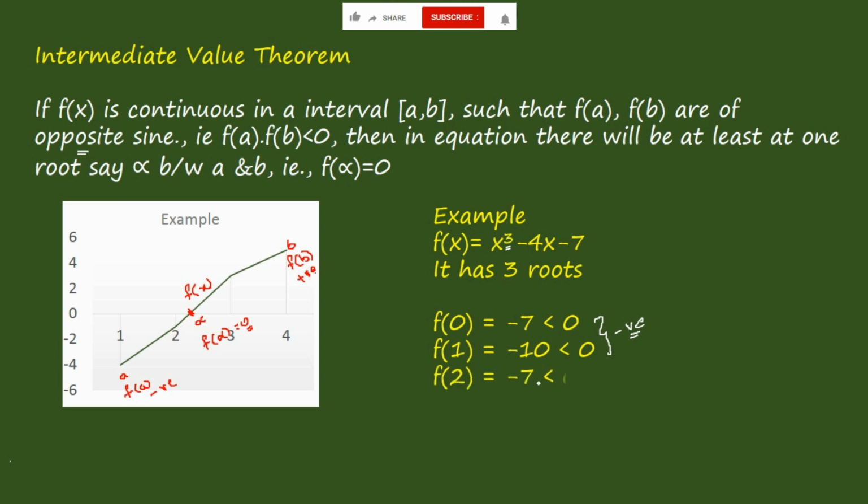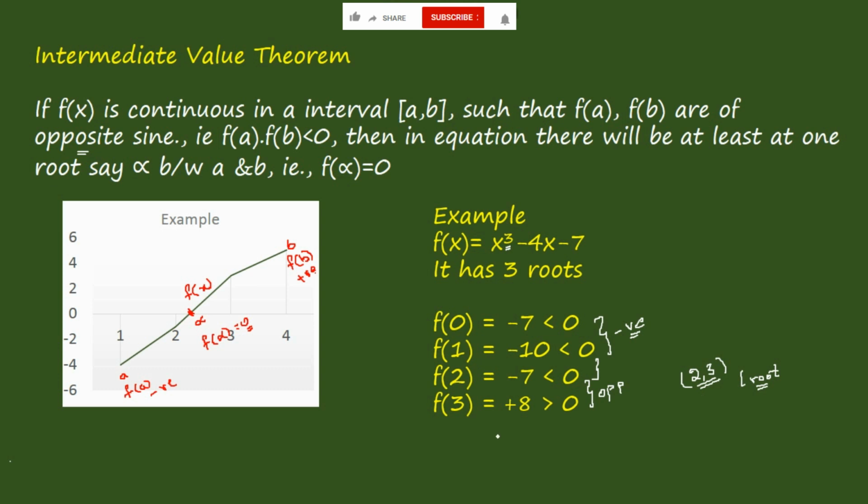We get minus 7. Here also these two are not intermediate values. Find f of 3. Now we get plus 8, which is greater than 0. Now these two values are of opposite signs. So the intermediate values are 2 and 3. In between 2 and 3, there will be one root. That is the intermediate value theorem.